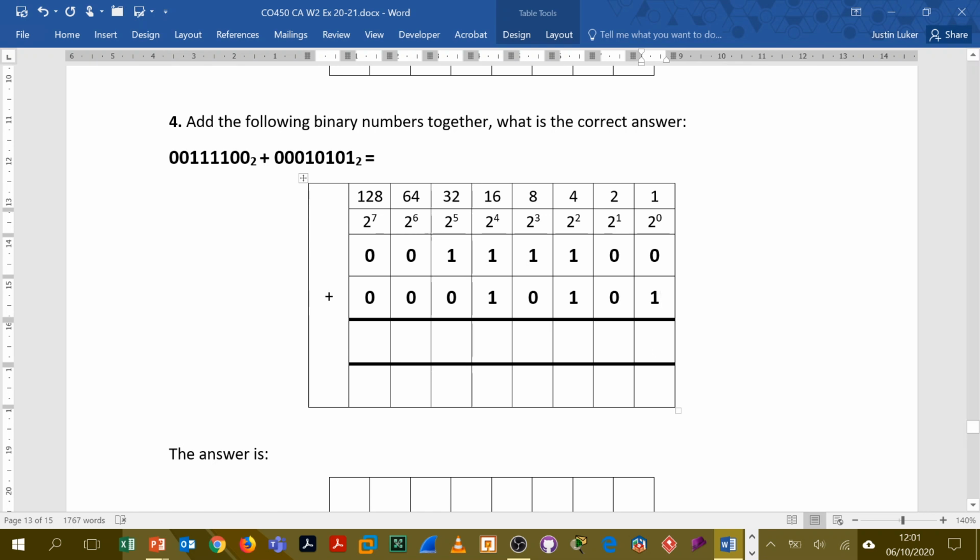Okay, so 0 and 1 is 1, 0 and 0 is 0, 1 and 1 is 0, carry the 1. 1 and 1, because there's no 0 there, is 0, carry the 1. Three ones here, including the carry 1, so that's 1, carry the 1. Two ones, so 0, carry the 1, and 0, so that's 1, 0. Okay.